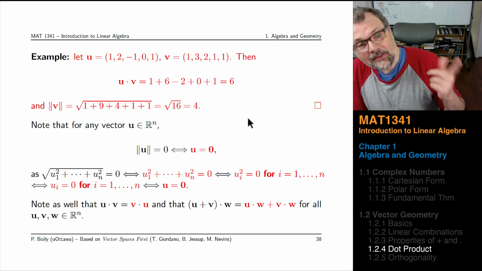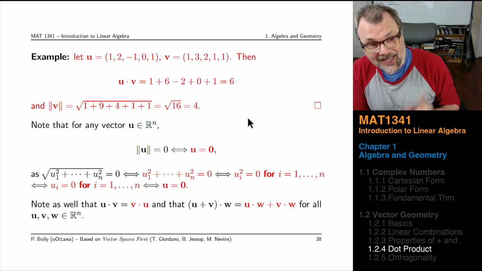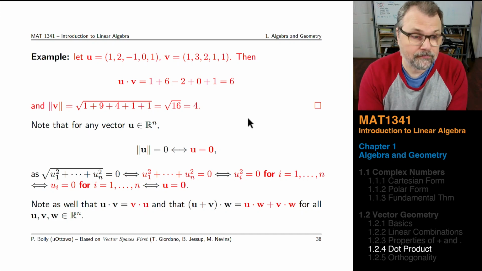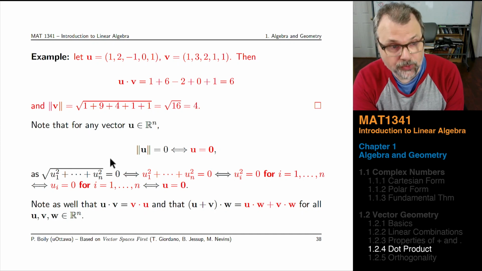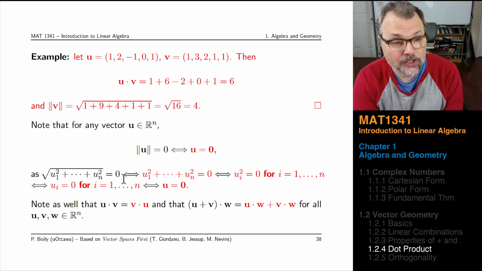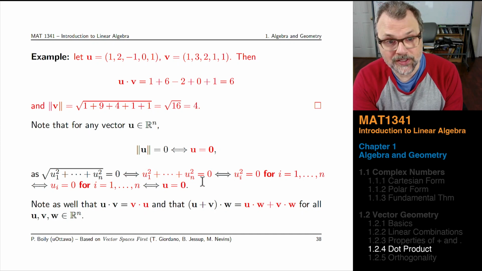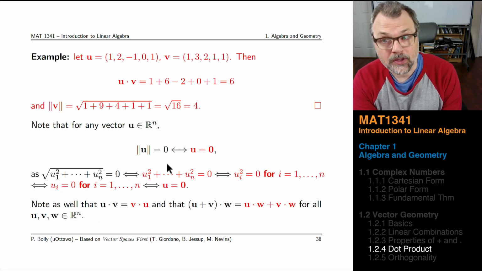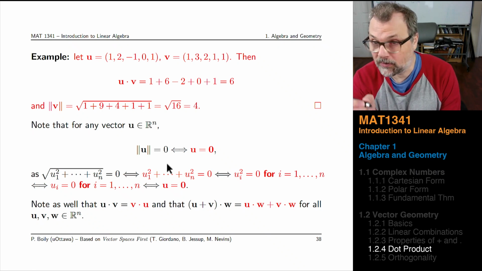So if the length of a vector is equal to 0, that means the square root of the sum of the squares of each of the coordinates is 0. So I can square both sides of this equation, and I have the sum of the squares of each of the coordinates is 0. Each of these quantities, the ui squared, they're all non-negative because it's the square of a real number.